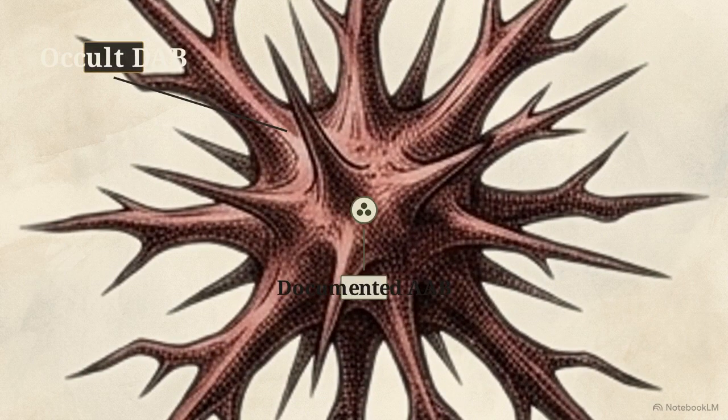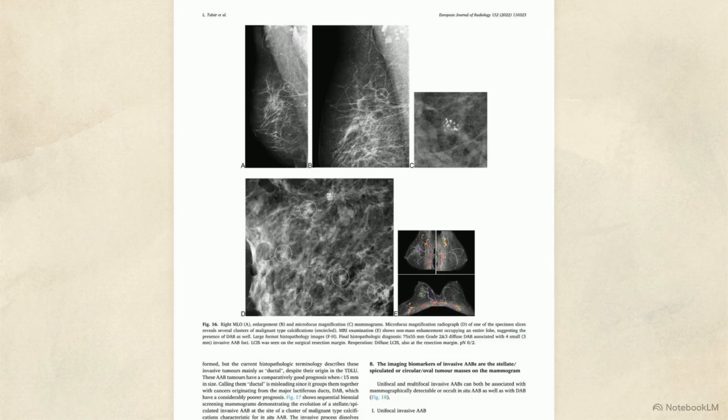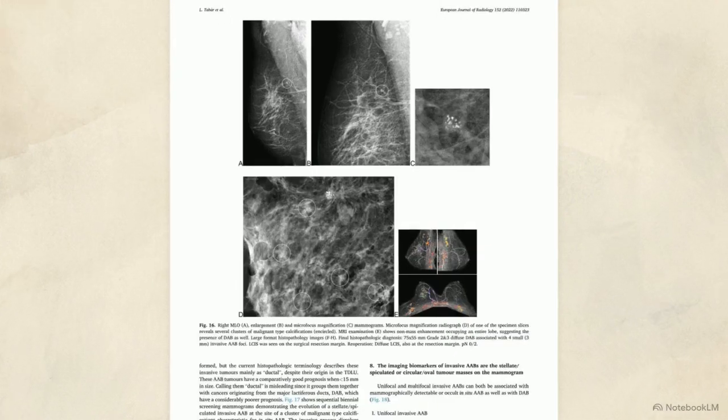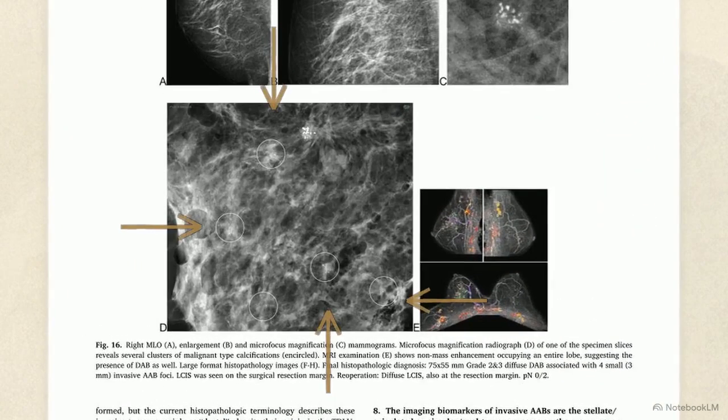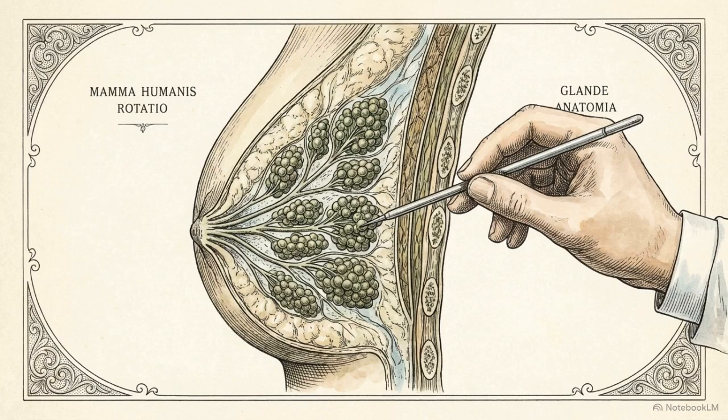These mammogram and MRI panels illustrate exactly this kind of complex, multifocal case, where both AAB and DAB co-occur simultaneously within the breast. You can pinpoint 4 small 3 mm AAB foci embedded deep within a much larger high-risk territory of diffuse DAB. Understanding the full, multifocal extent of the disease preoperatively through imaging is the single most critical factor for surgical planning and patient survival.